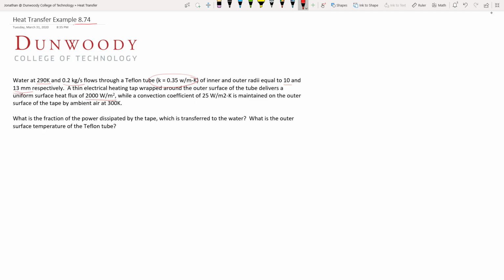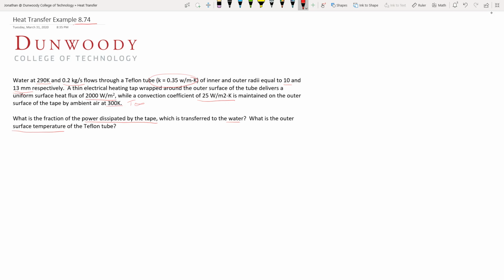And outside that tape we have some ambient air that's giving us 25 watts per meter squared Kelvin on the outside at 300 K. That'll be our T infinity for that air. And we're looking to find what power is dissipated by the tape which goes into the water and what the outer surface temperature of that Teflon is.